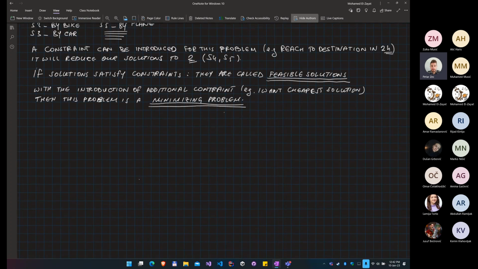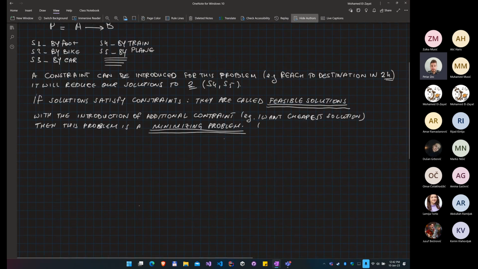So when we said maximize, this is actually a maximization or minimization problem. When I said the introduction of the additional constraint, like I would like to have the cheapest way of transportation or the most expensive way of transportation, so this with the cheapest, for example, making it a minimization problem, right now the only solution which we have is S4, right? It became S4 because a train is cheaper than an airplane.